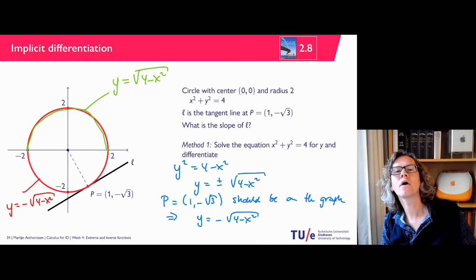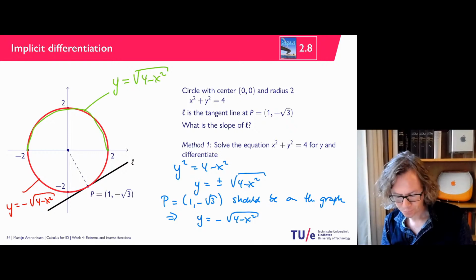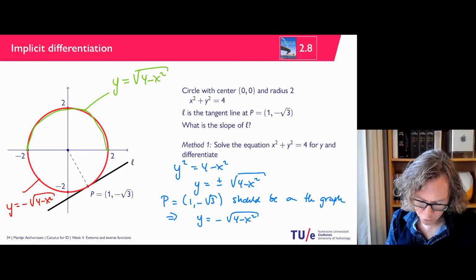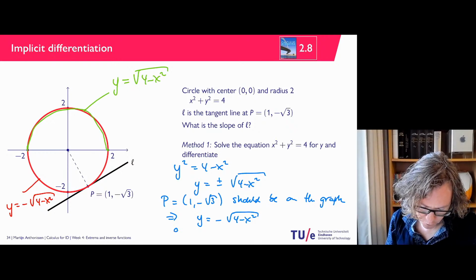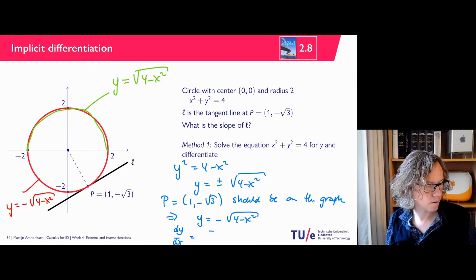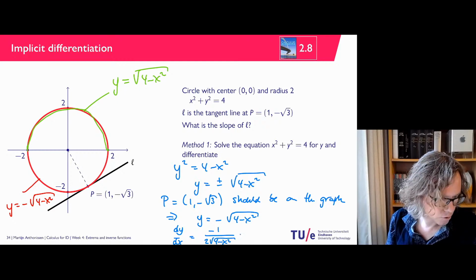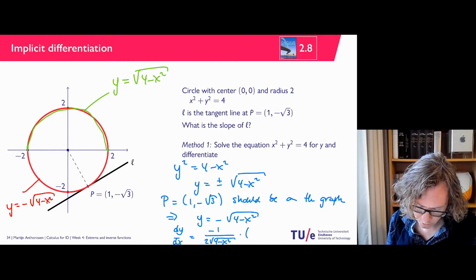So we can describe the circle using a formula in terms of y, but we need two of them, one for the top half and one for the bottom half. And this thing you can just differentiate, right? Then you find dy/dx equals minus 1 over 2 times the square root, times minus 2x.